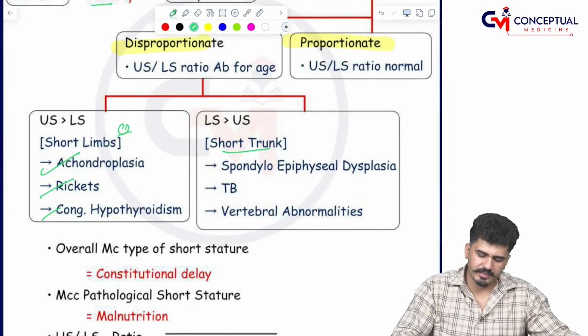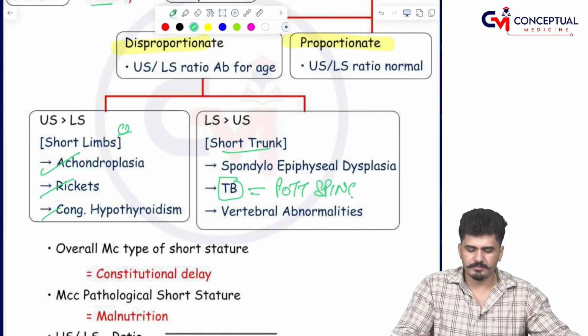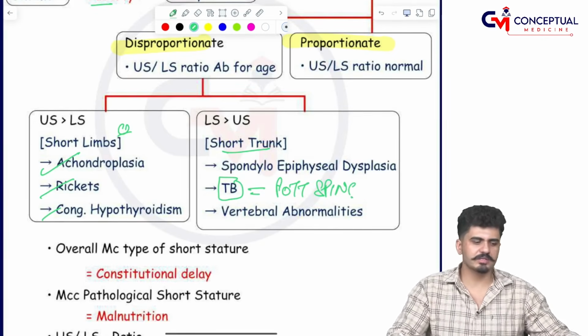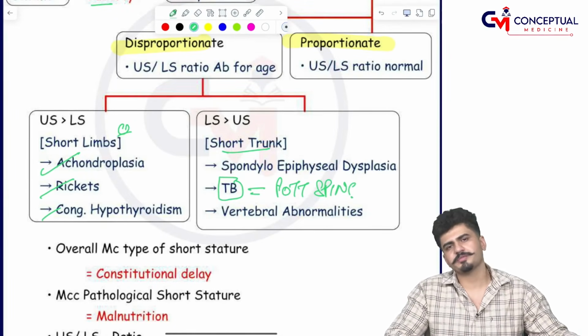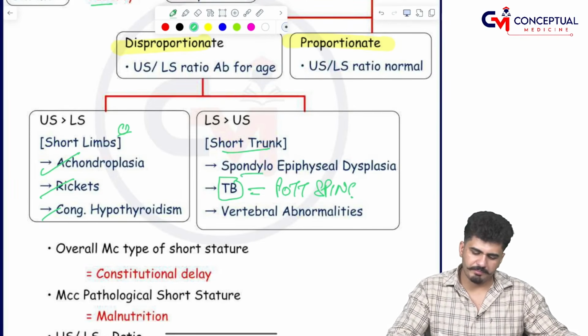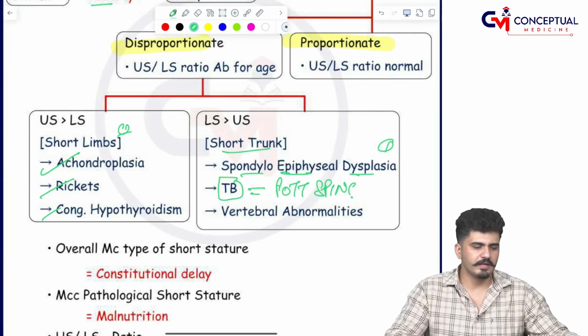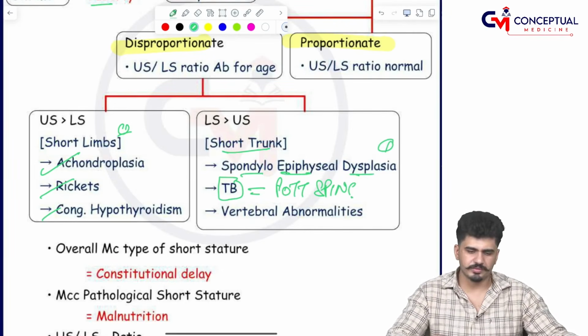So there can be a TB. In TB, you are going to see the Pott spine. Pott spine vertebra. Vertebral abnormalities like kyphosis, lordosis, these kind of things can be there. And a fusion of spine, ankylosing spondylitis can happen. Then there will be a spondyloepiphyseal dysplasia. Spondyloepiphyseal dysplasia. So this is upper proportionate and lower proportionate.